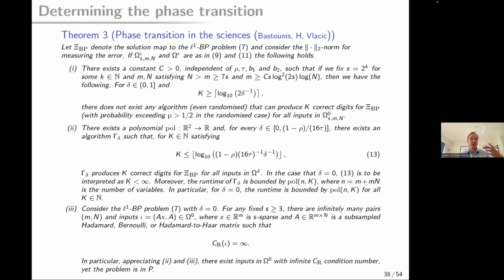I showed you these other condition numbers which can be finite, and you can have phase transitions. And you can also have the case where there's no phase transition and everybody's happy, but there will be infinite condition. So this is a very subtle thing. That does not mean that condition numbers are not great, they're fantastic. But this phenomenon here is extremely subtle and has facets that go way beyond just the standard understanding that we have of condition.